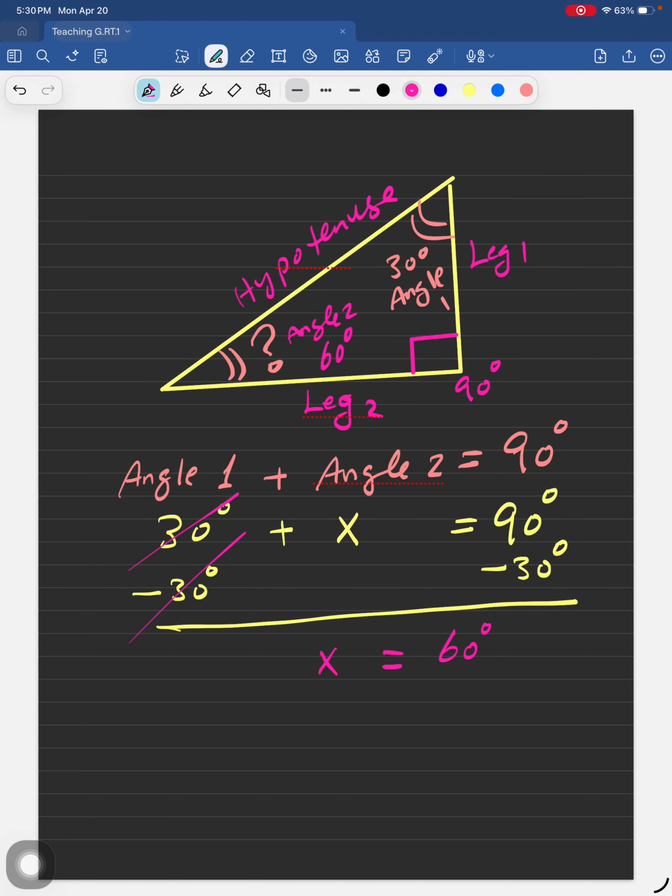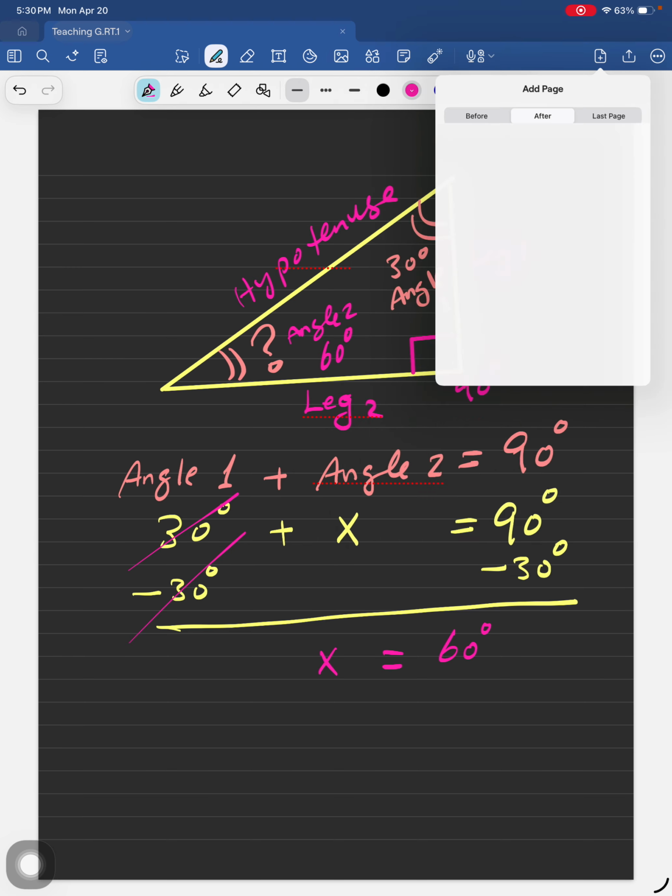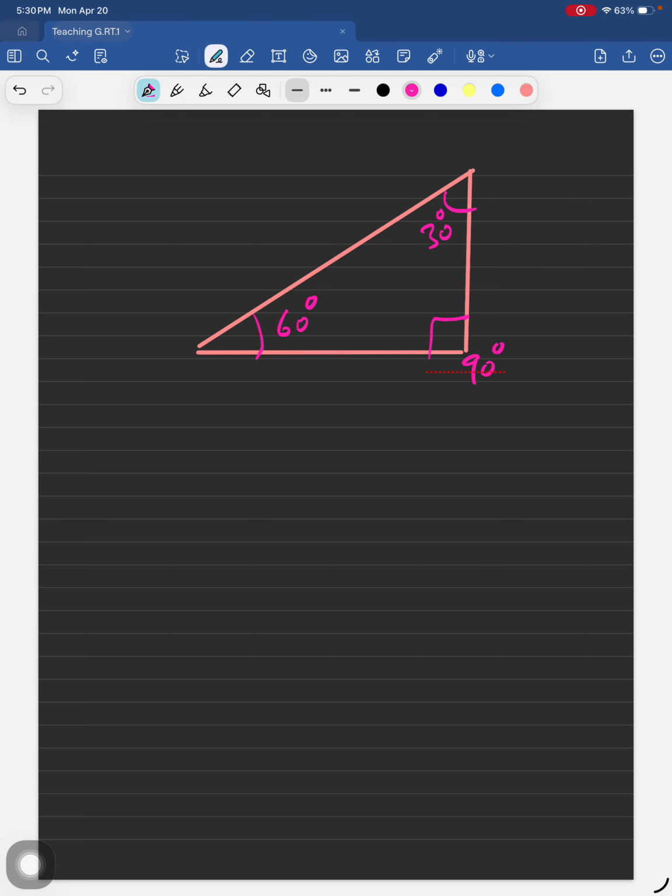So as a summary, this case of right triangle is something like this. Please remember first that we have the right angle of 90 degrees, and for example if this one is 30 degrees and this one is 60 degrees.